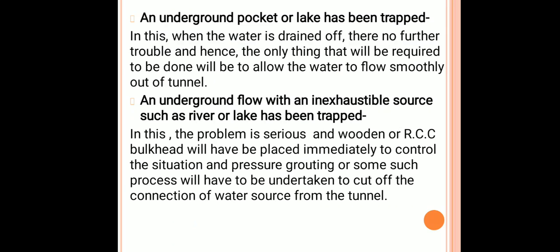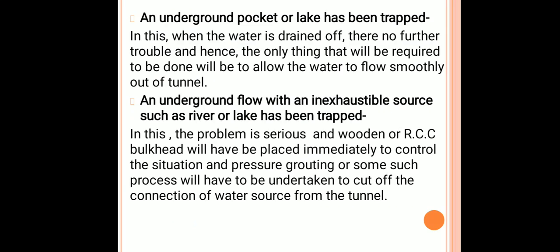The second type is an underground flow with an inexhaustible source such as a river or lake has been trapped, and in this the problem is serious and a wooden or RCC bulkhead will have to be placed immediately to control the situation, and pressure grouting or some such process will have to be undertaken to cut off the connection of the water source from the tunnel.